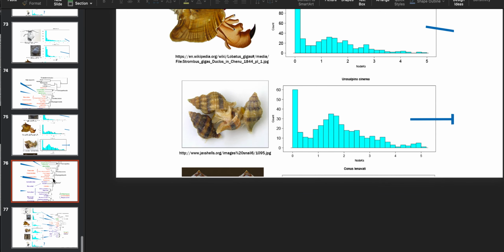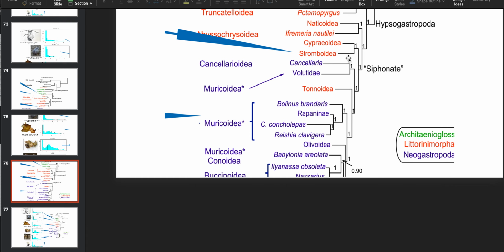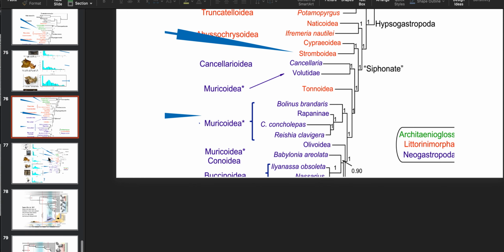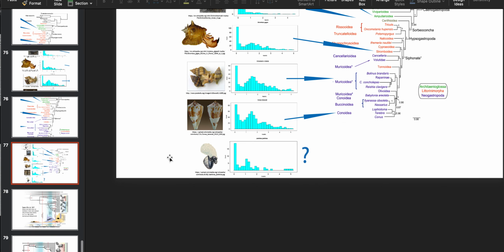And so the cool thing about these snails is that they are a member of this Hypsogastropoda and siphonate Hypsogastropoda clade. So they're part of the same clade that excludes the snails that don't seem to show evidence of an ancient whole genome duplication event. And so similarly, these other members, the muricids and the cone snails, they also seem to show evidence of at least one ancient whole genome duplication event.